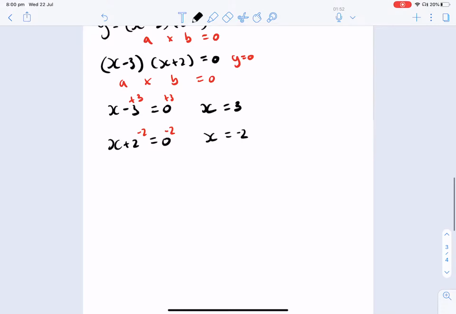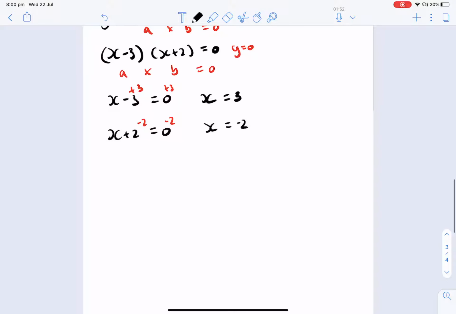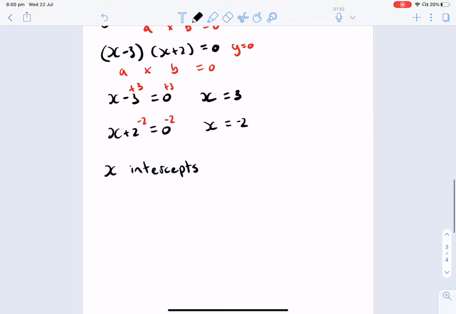So what this means is we've found our x values at the x-intercept. Our x-intercepts have x values of 3, and they have y values of 0.